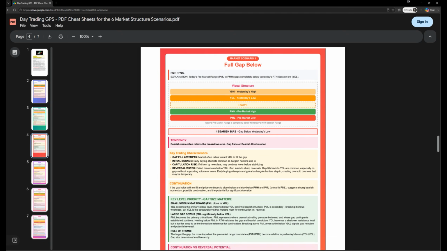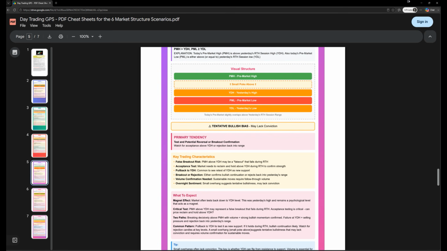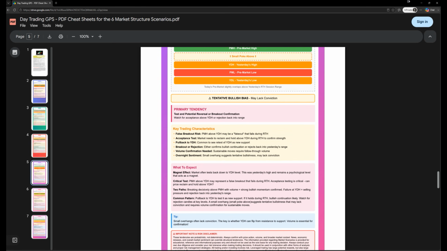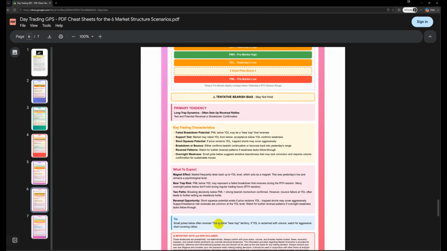Same thing with gap down, and top overhang poke above: what to expect, key trading characteristics, primary tendencies, and some of them will also have tips.